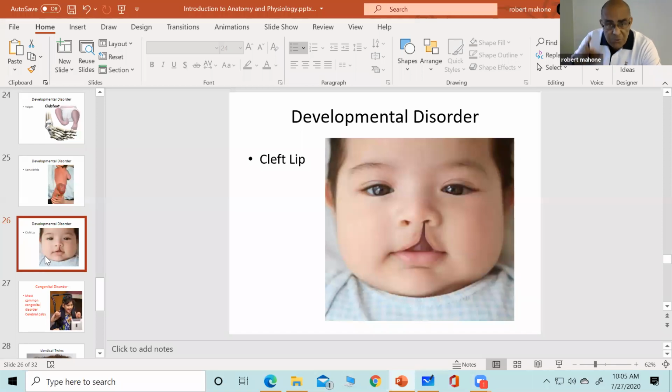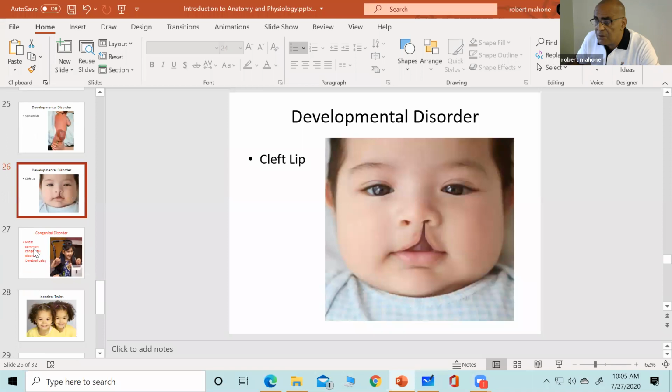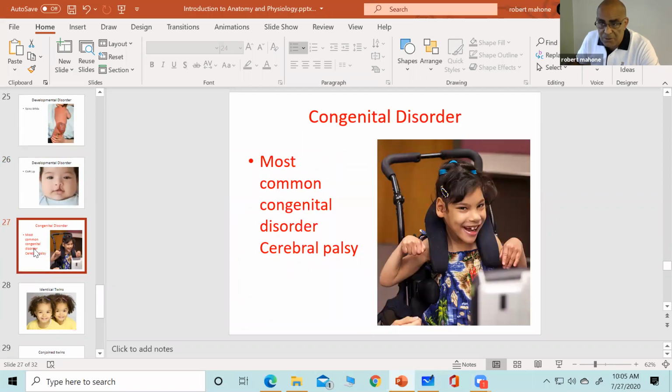Anything that happens during the pregnancy. If it specifically happens while the baby's being born, that's congenital. And they can be mistakes, and sometimes they can just be things that just went wrong, but they can also be a mistake made by somebody. Right? All right, so that's the difference between a developmental disorder and a congenital disorder.